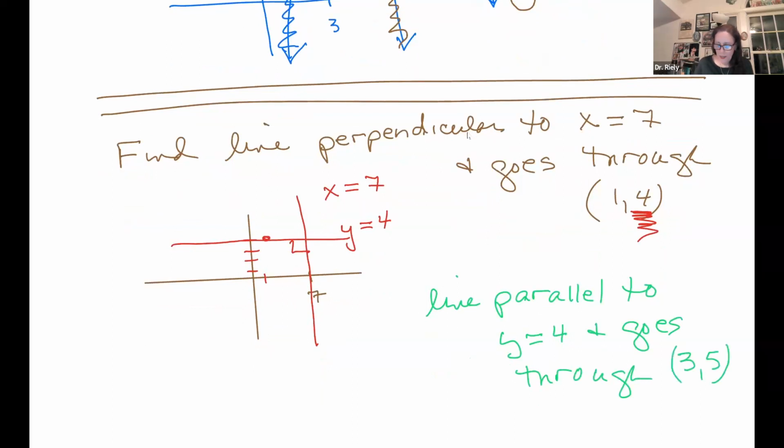So there's y equals 4. The point 3, 5 is going to be right here, say. It has to be parallel to it. That means it has to have the same slope or slant. So that's going to be the line y equals, it has to go through 5.